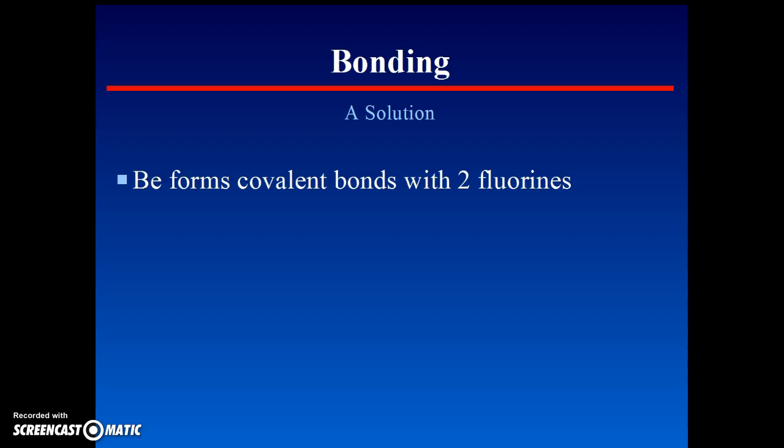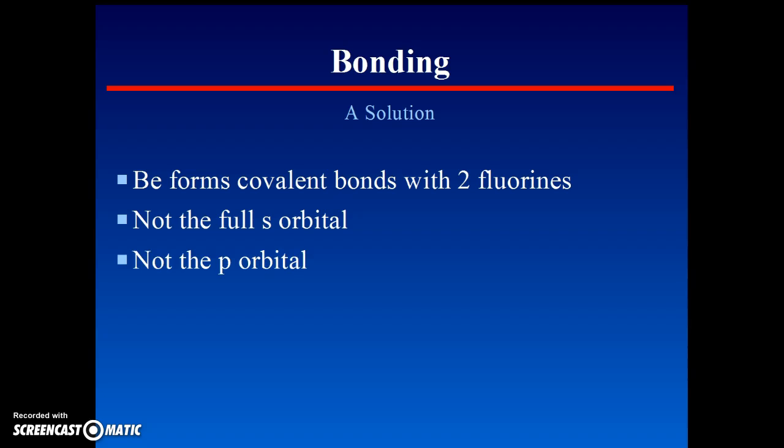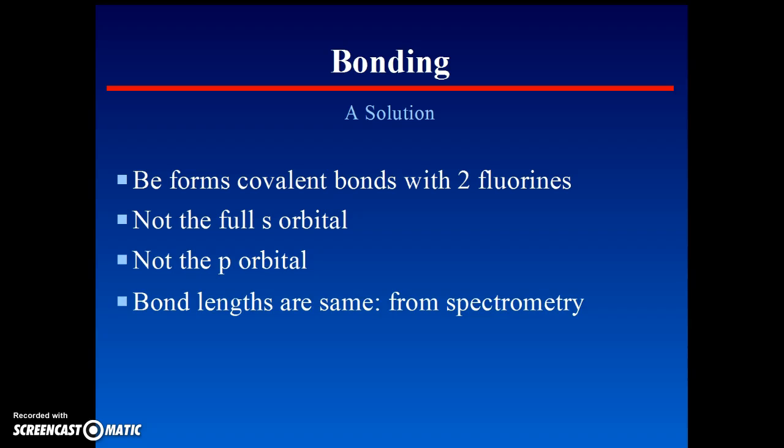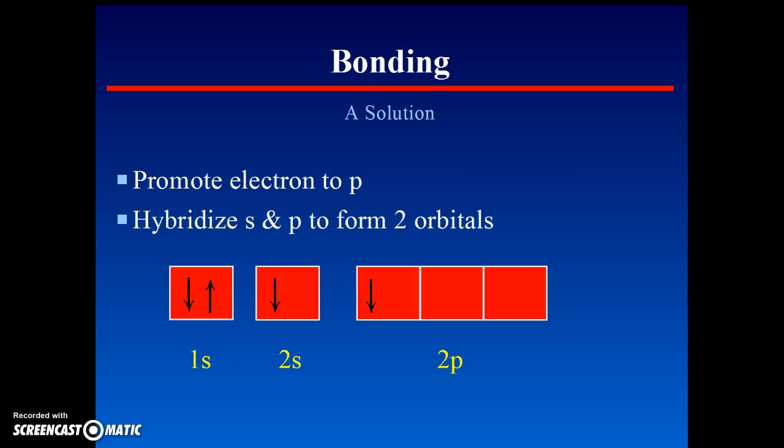Well, the solution is that beryllium, of course, does form covalent bonds with two fluorines, so we have to admit that reality. Now, not the full s orbital and not the p orbital. The bond lengths have to be the same. Spectroscopes tell us that the bond lengths are the same, not two different bond lengths.